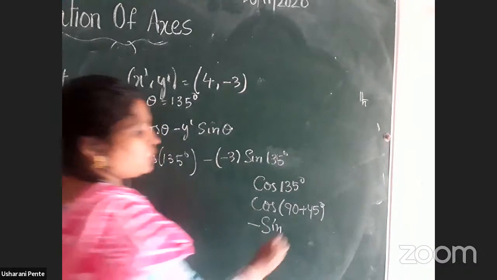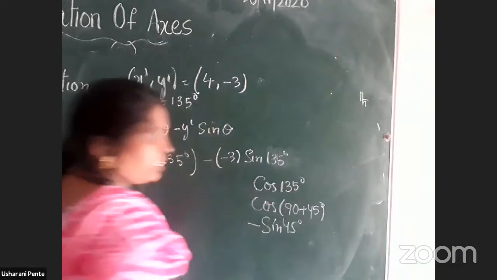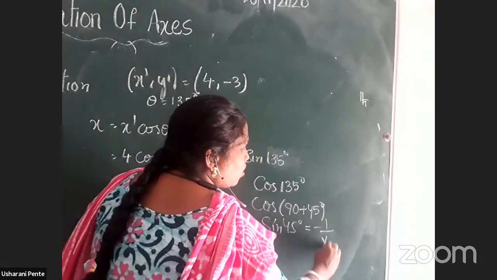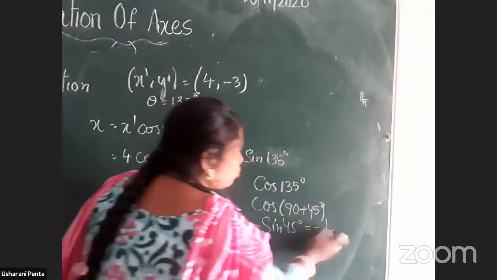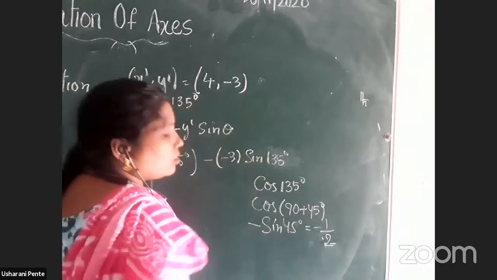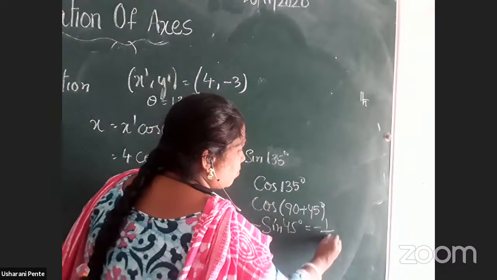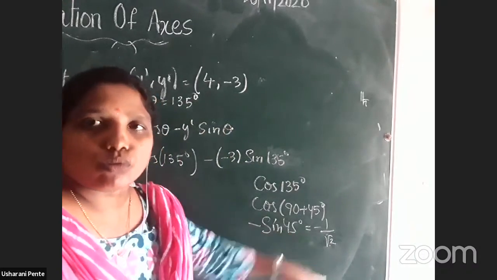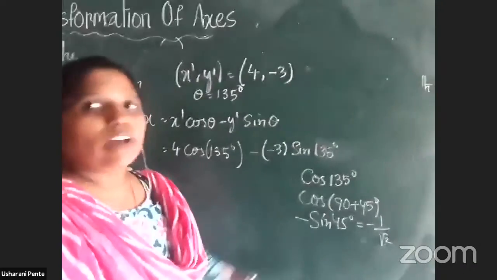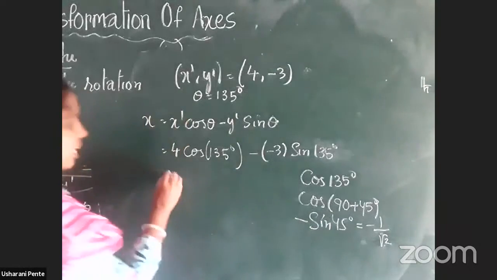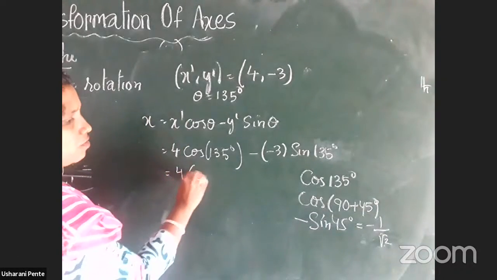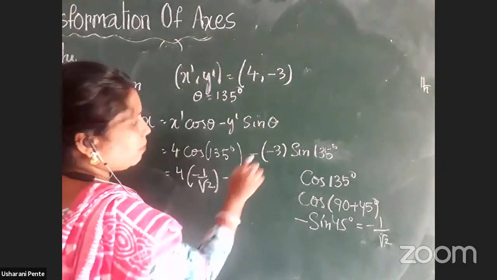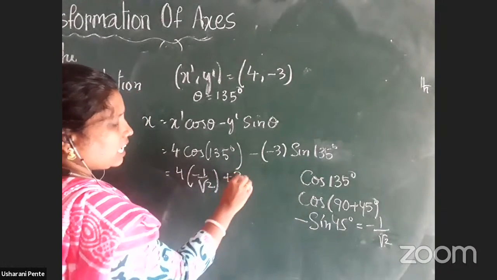So we take negative sin 45 degrees, and sin 45 is 1 by root 2. So the value is minus 1 by root 2. Thus we substitute 4 times minus 1 by root 2, and minus of minus will become plus 3.